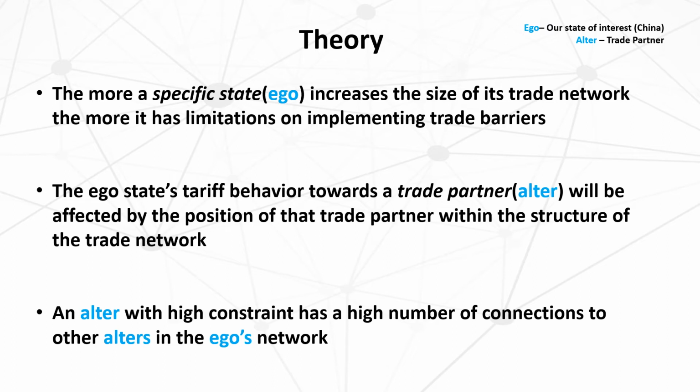So for the dyadic constraint measure, an alter with a high constraint is an alter that has a high number of connections to other alters in the ego's network.